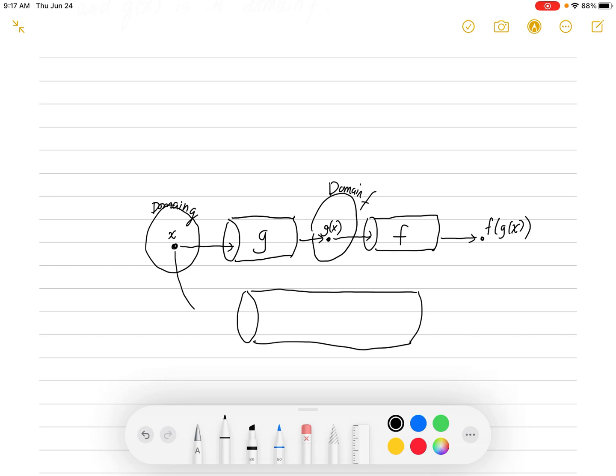So what we want to do is define a function where you can go directly into this machine from x and get directly to f of g of x. Basically, going through this one machine would be the same thing as going through these two machines. So this speeds up the process.